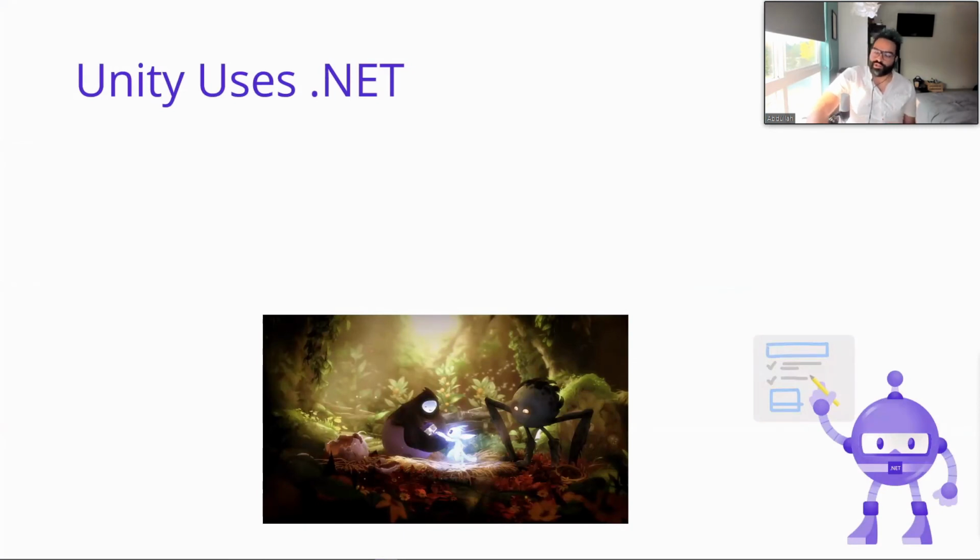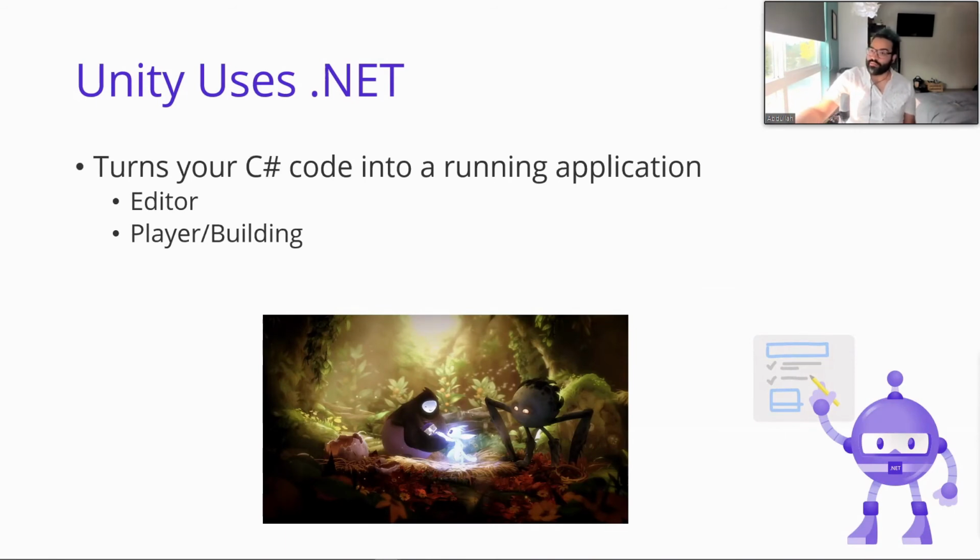So how does Unity use .NET? The Mono runtime that Unity uses turns the C# code that you write into actual executable code. And that happens every time you click on the play button in Unity. And that turns the game into an executable, and you can actually interact with it inside of the editor.